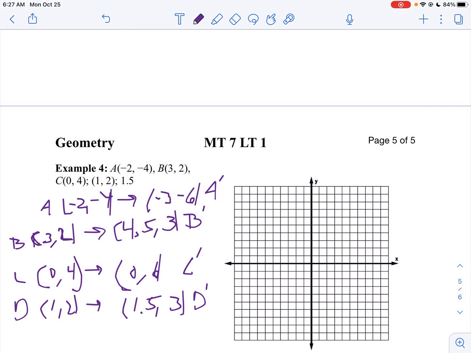Now let's graph our image. So A primed is at -3, -6. B primed is at 4.5 and 3. C primed is at 0 and 6.